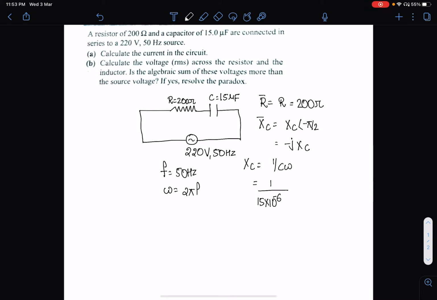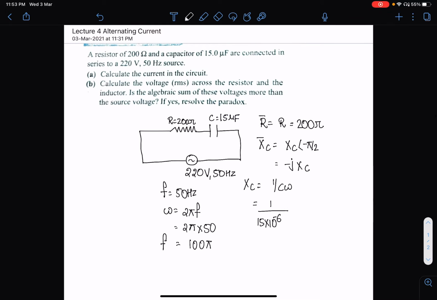That is 2 pi into 50, which is 100 pi. This is the omega, so omega is 100 pi radian per second.